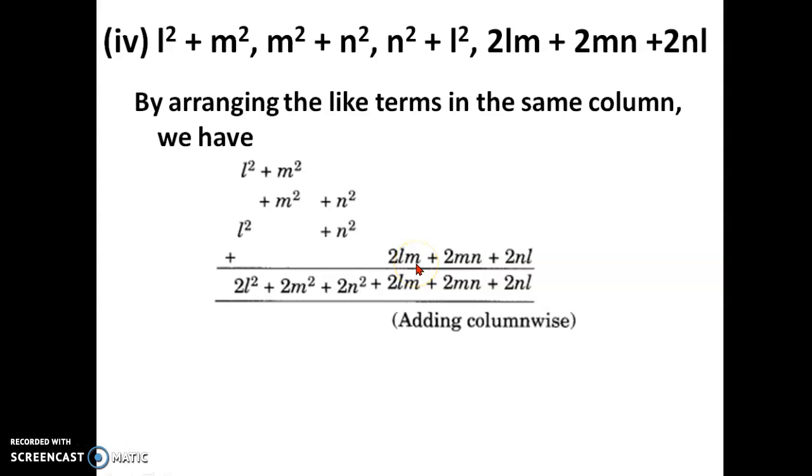Lm is different, okay. It is in no way connected with L square or m square. Lm is separate. Then mn, then nl. So these are the different like terms, okay. So we have to arrange them in such a way that they are in the same column. Then we'll start adding, okay.